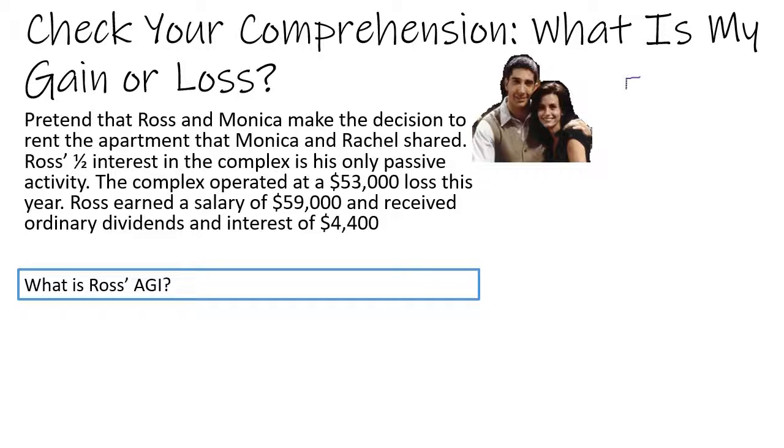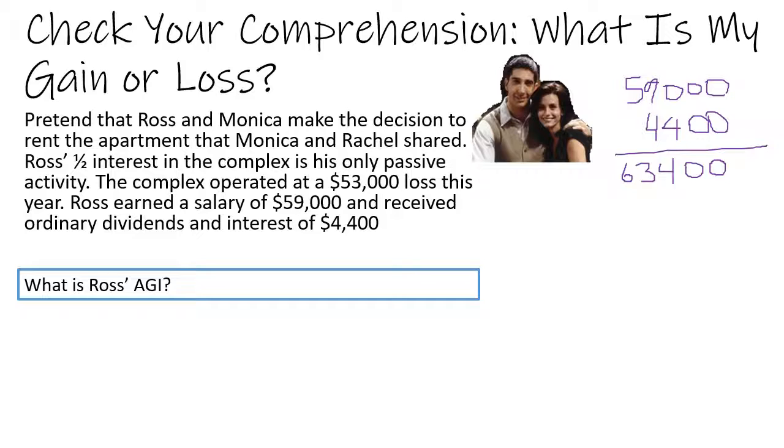Well, first we figure out Ross's ordinary income, which is his $59,000 salary, plus his $4,400 ordinary interest and dividends. This gives him ordinary income of $63,400. The limitation before the benefit of this deduction starts phasing out is $100,000 of AGI.